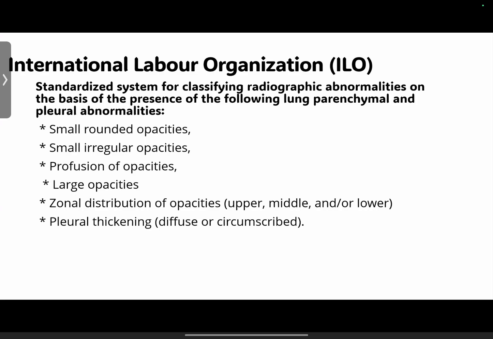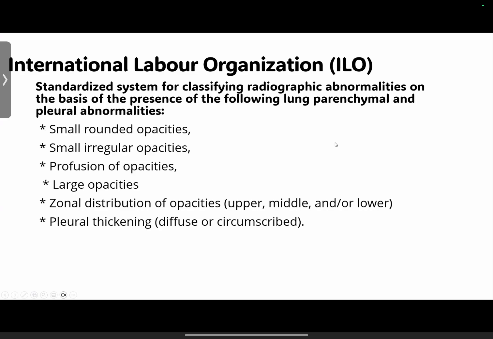I don't know if they have online courses for this, but they actually have individuals who are trained to just look at the x-rays so that they can ensure that the patient is getting the best read possible on a radiogram. So what they've standardized is when to call small rounded opacities, and the patient is known to have these exposures, small irregular opacities, profusion of opacities, large opacities, zonal distribution of opacities, and pleural thickening.